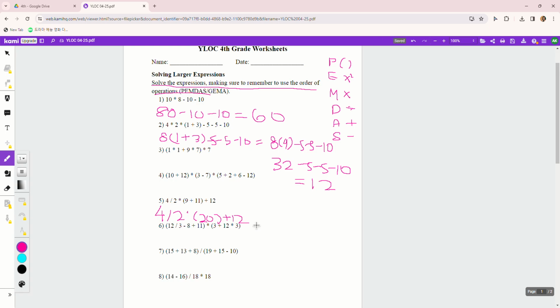And then you would first do division. Or wait, you would first do multiplication, since multiplication is first. And if you do multiplication and add 12, you would get 52.